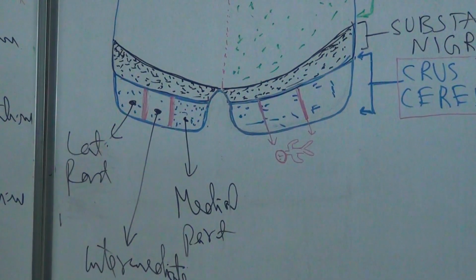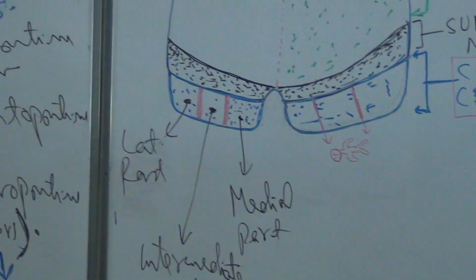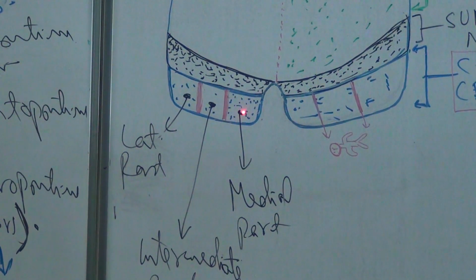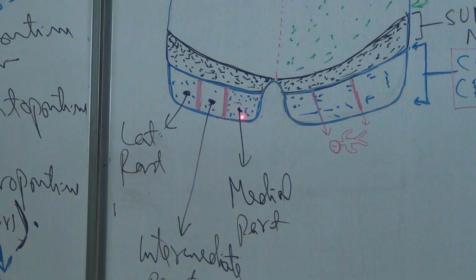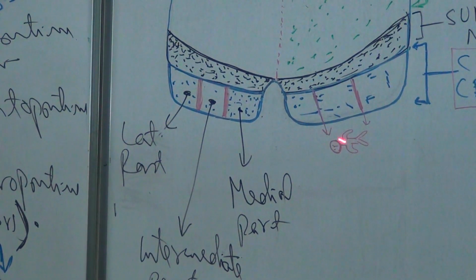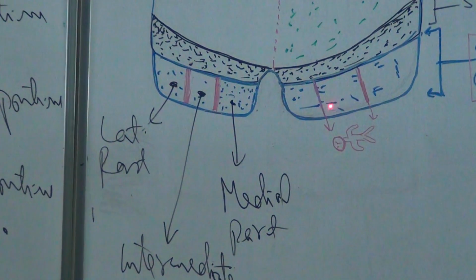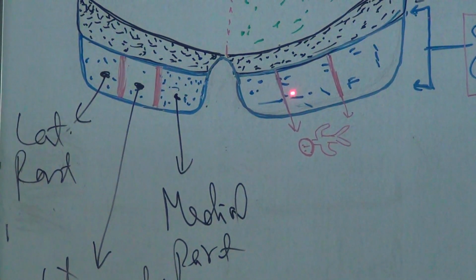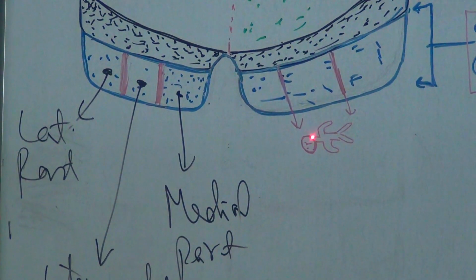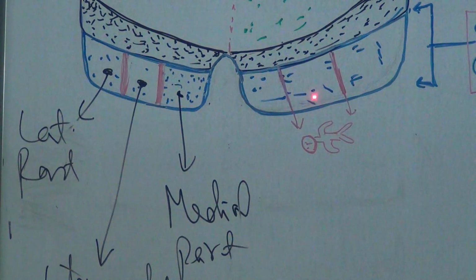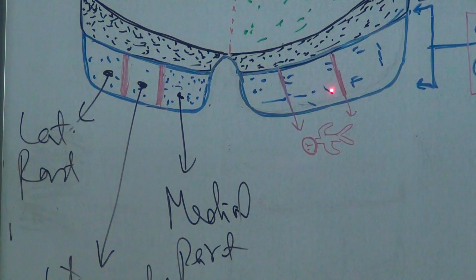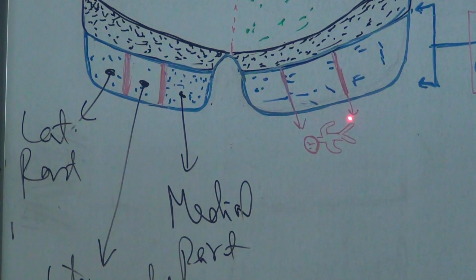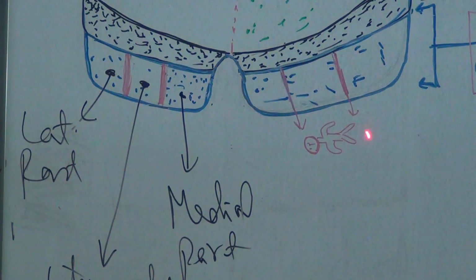Through the intermediate part, there is a specific arrangement of the fibers which belong to different parts of the human body, from medial to lateral side. Here will be the descending tracts for the head and neck region. Then lateral to it, descending tracts for upper limb and trunk. And still laterally will be the descending tracts for the lower limb.